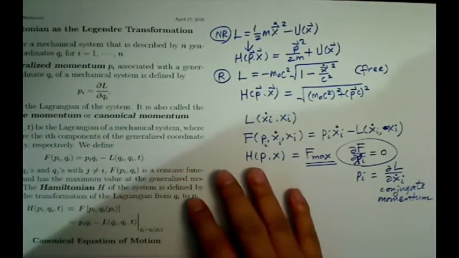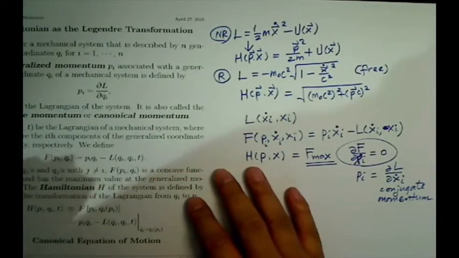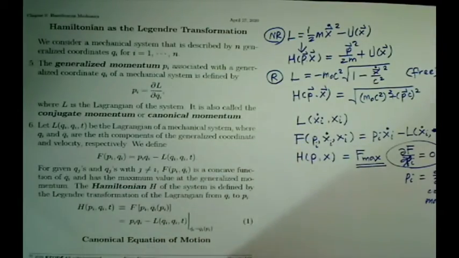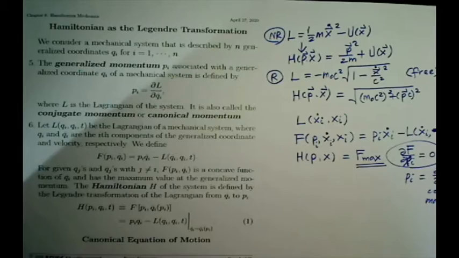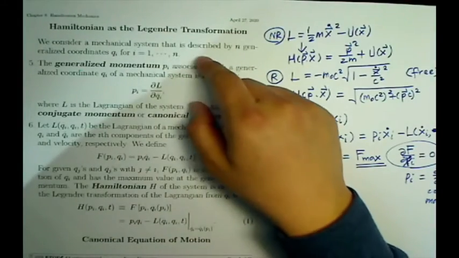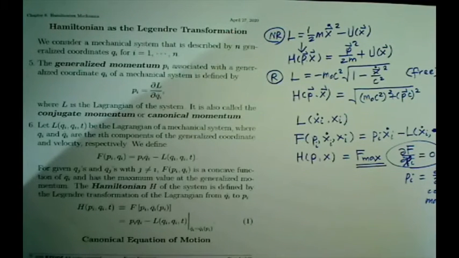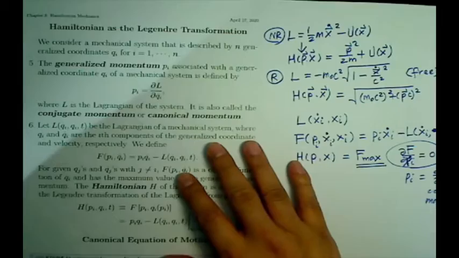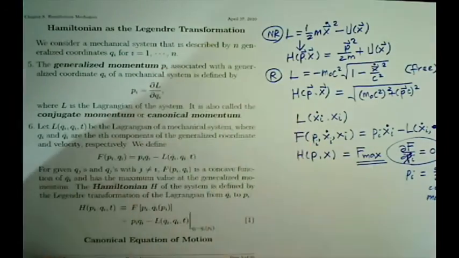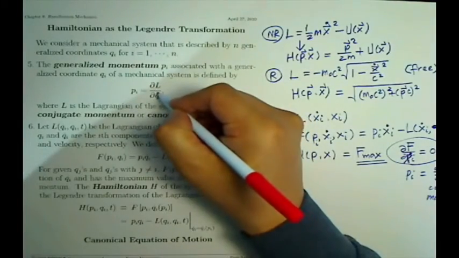And this method is also true for the generalized coordinate system, and we consider a mechanical system. Suppose that we have even a many particle system, and in case we have n generalized coordinates qi, then the generalized momentum pi can be obtained by taking the partial derivative of the Lagrangian with respect to qi dot.